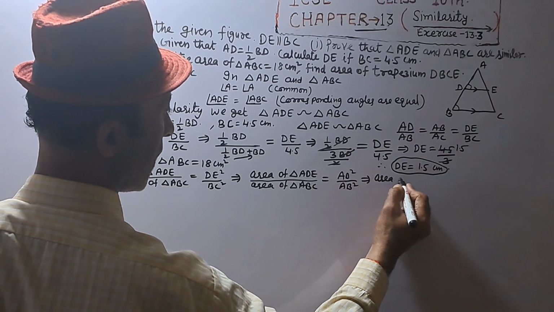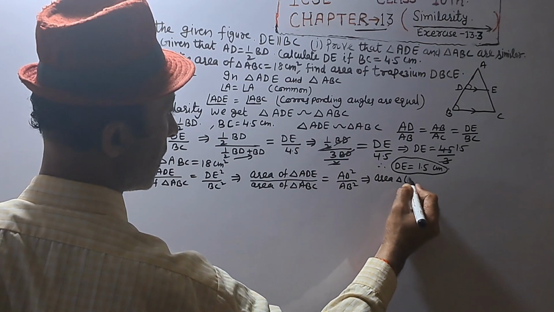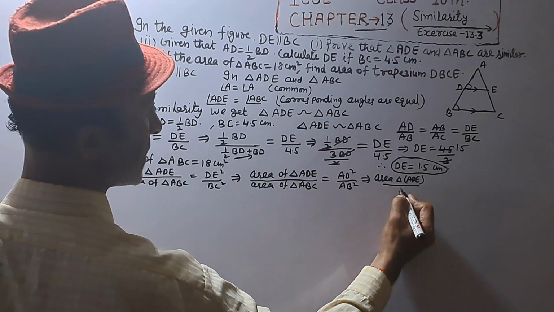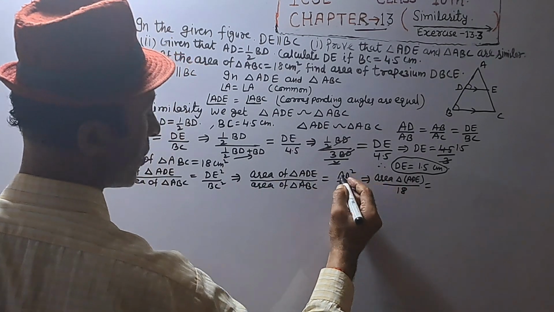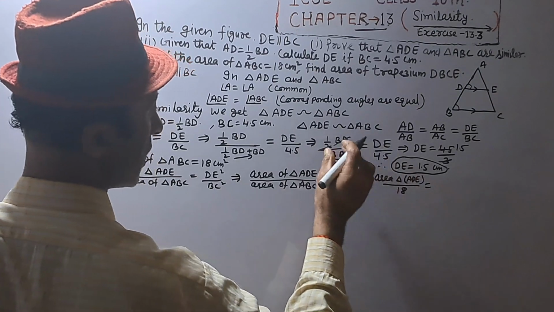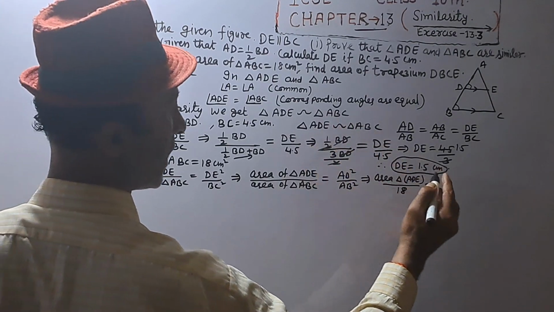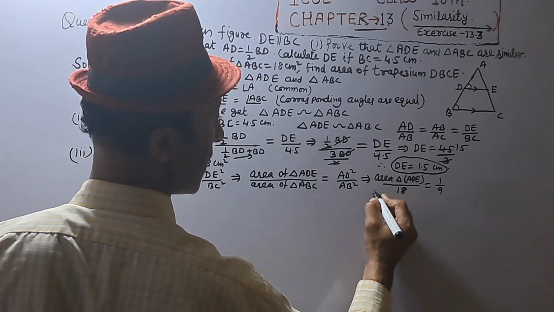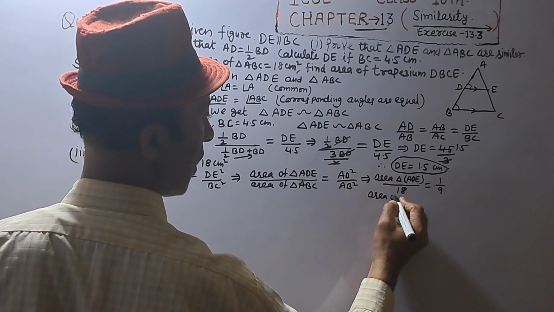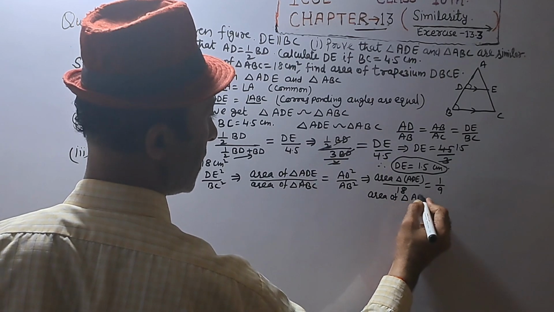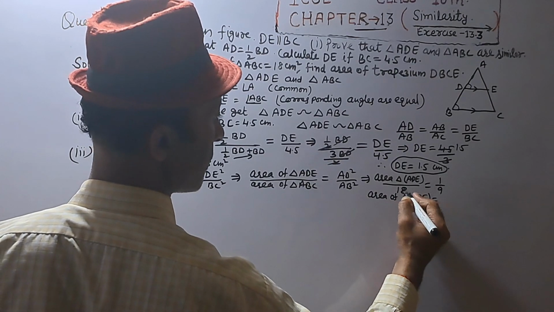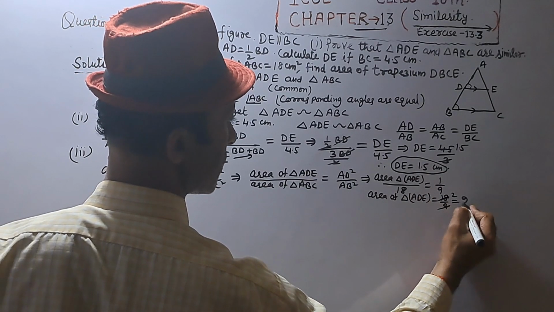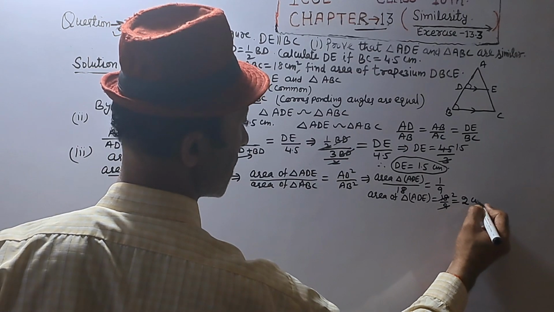So area of triangle ADE upon area of triangle ABC, that is 18, is equal to AD square upon AB square. We get 1 upon 3 square, 3 3s are 9. So area of triangle ADE is equal to 18 divided by 9, that is equal to 2 centimeter square.